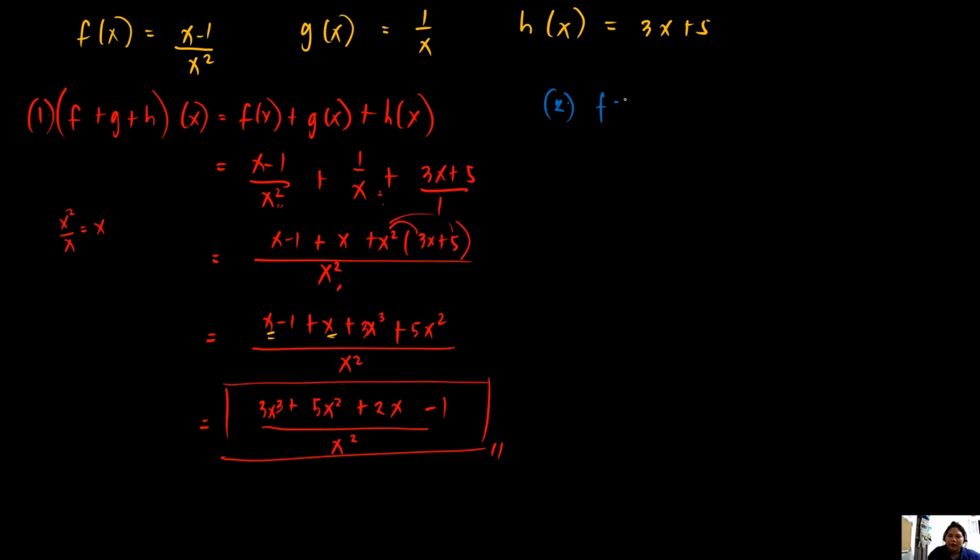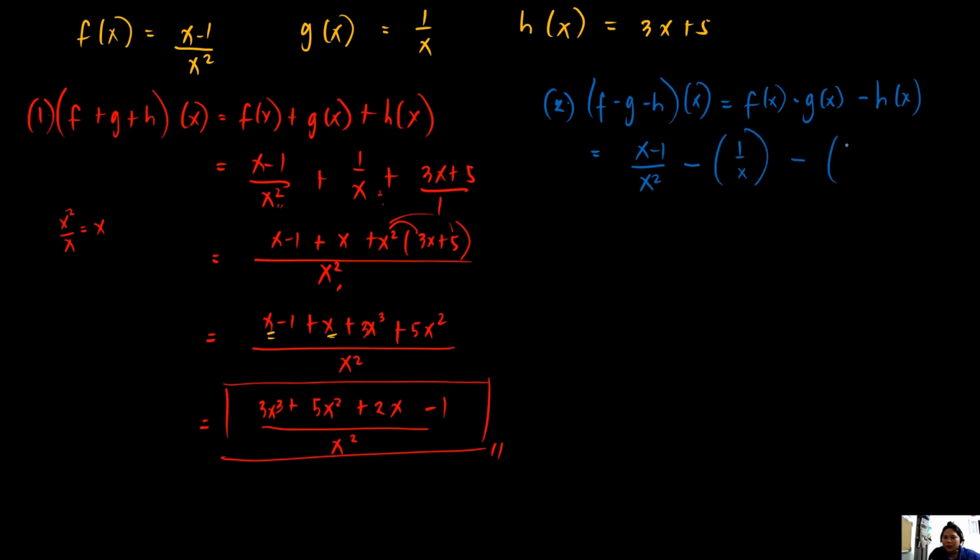So, we have f minus g minus h of x is also equal to f of x minus g of x minus h of x. Okay, so let me write the equal sign here. So, since hindi na siya kasya. Okay, so x minus 1 all over x squared minus, we have 1 over x minus, we have 3x plus 5 all over 1.